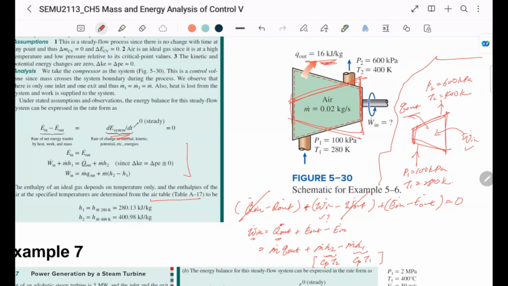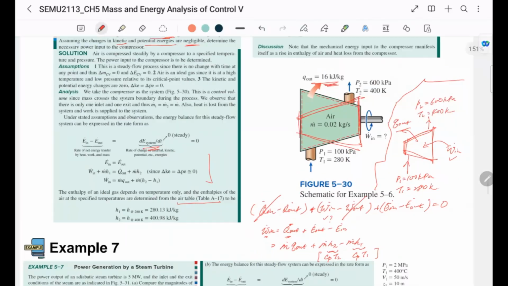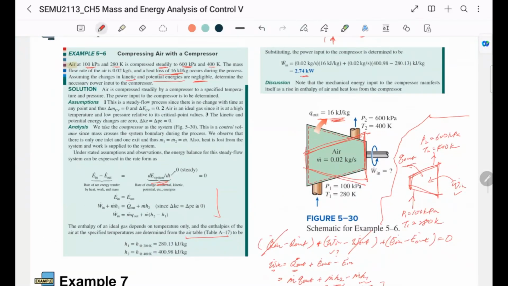Either way should give you the correct answer. So that's how we can find out the work input, which when you solve it, you should get this number here. So that's quite a straightforward example.